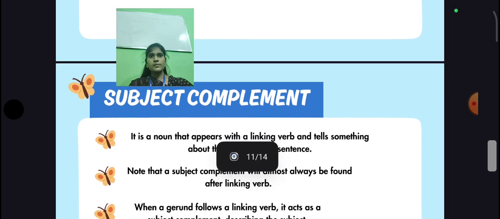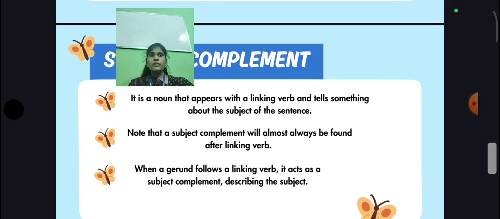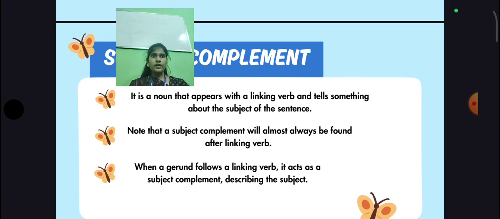Now, subject complement. It is a noun that appears with a linking verb and tells something about the subject of the sentence. Note that a subject complement will almost always be found after a linking verb. When a gerund follows a linking verb, it acts as a subject complement describing the subject.